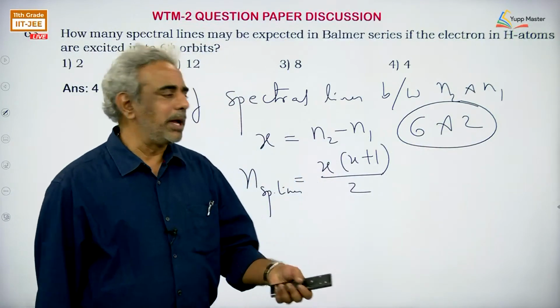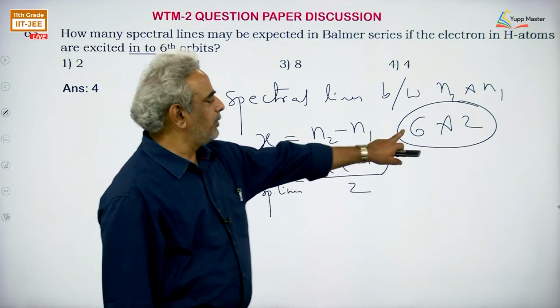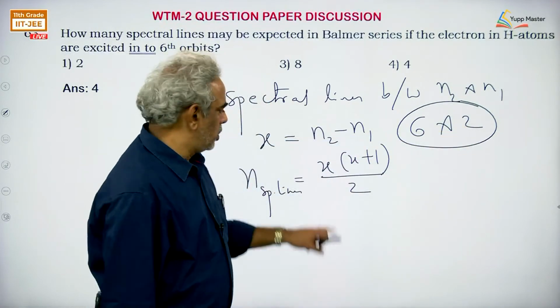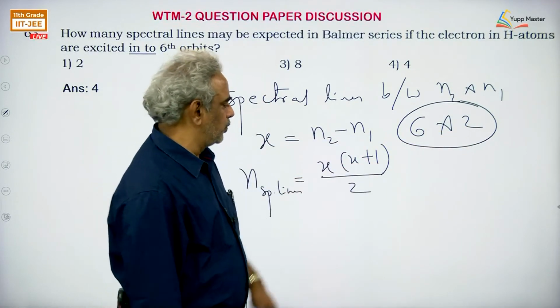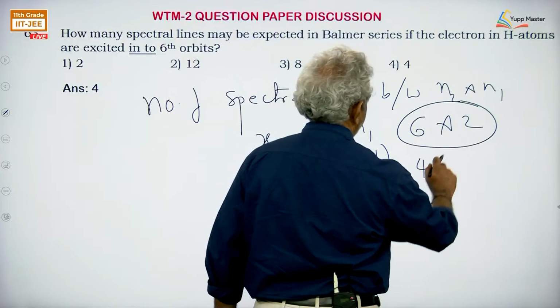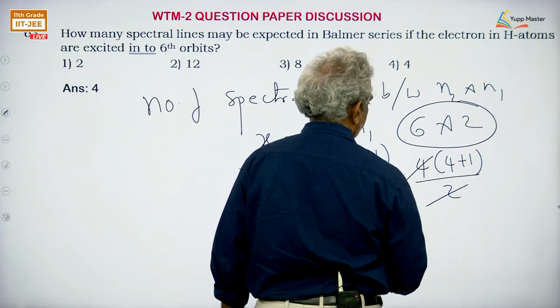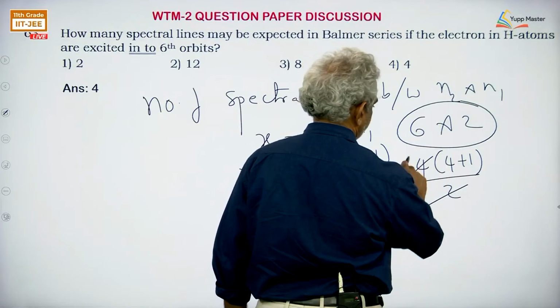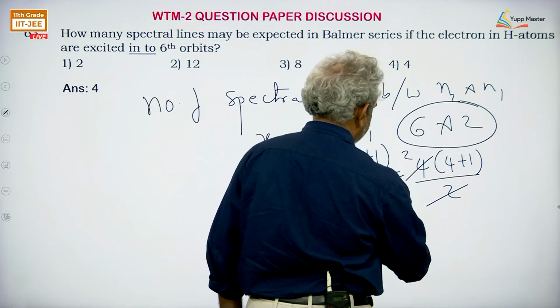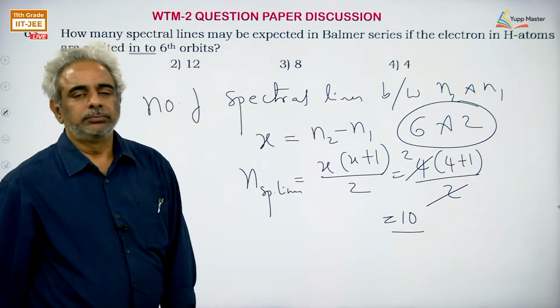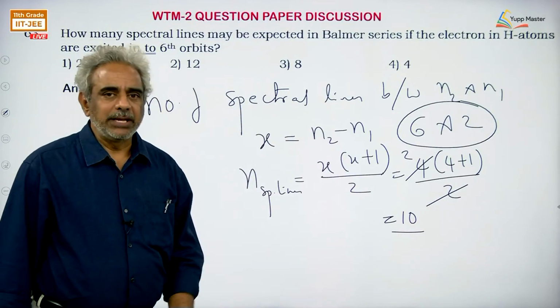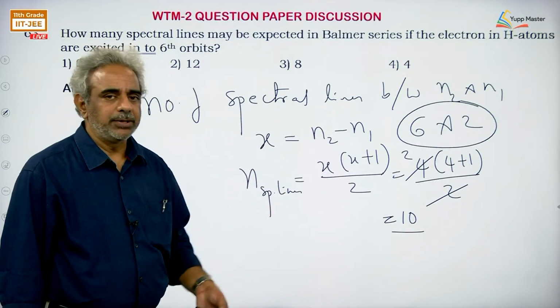If you want total spectral lines, what is the difference between 6 and 2? 4. So 4 into 4 plus 1 by 2. There will be 10 lines formed, 10 lines all together. This is how we calculate.